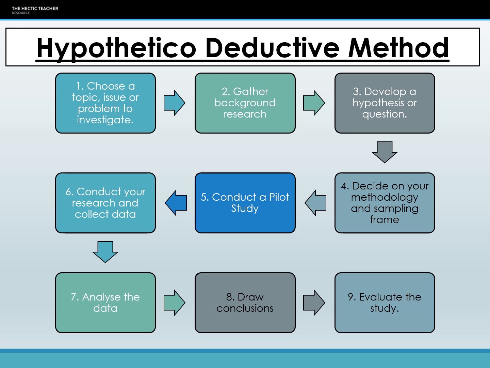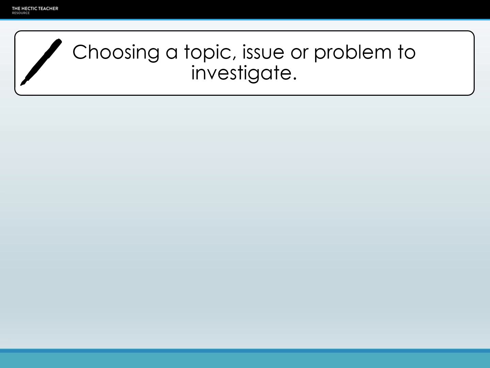So let's start off talking about choosing a topic, issue or problem to investigate. Sociologists have a wide gamut of topics that they're interested in. They're interested in what we refer to as social problems, which are social phenomena or behaviour that requires a collective response from society.